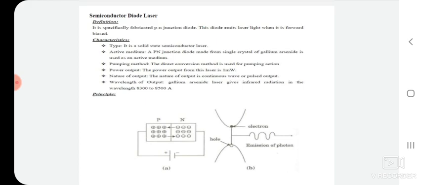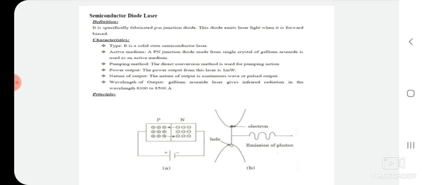You can get a continuous wave or pulsed output. Gallium arsenide laser gives infrared radiation in the range between 8300 to 8500 angstrom. So, these are some characteristics. Now, we will discuss its principle, on which principle it works.